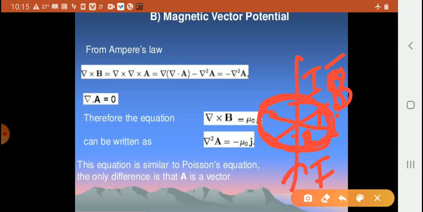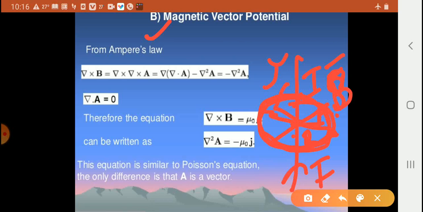The magnetic flux density depends on Ampere's law. It is defined along the circular path, at a distance R from the conductor.